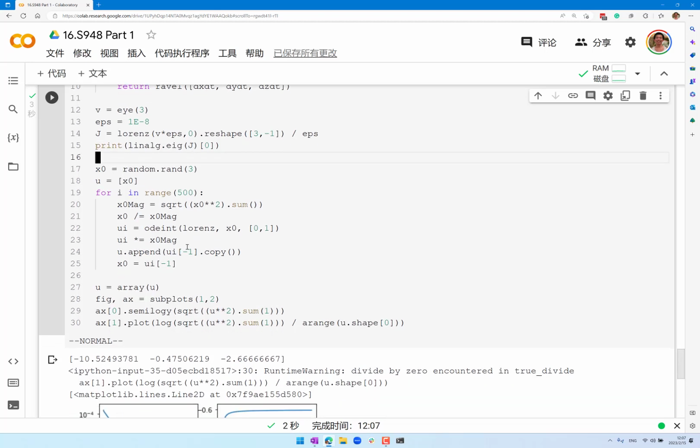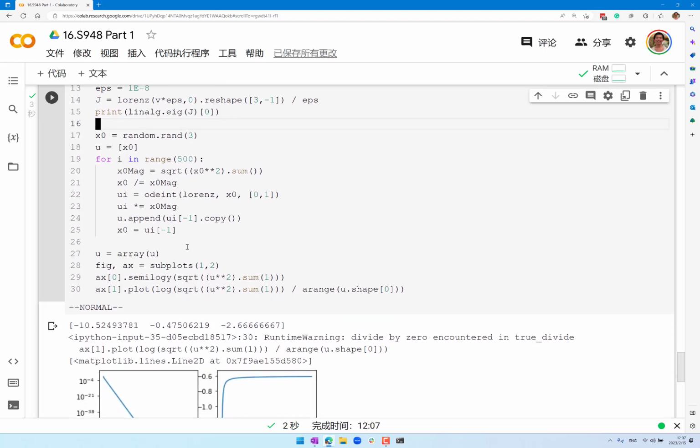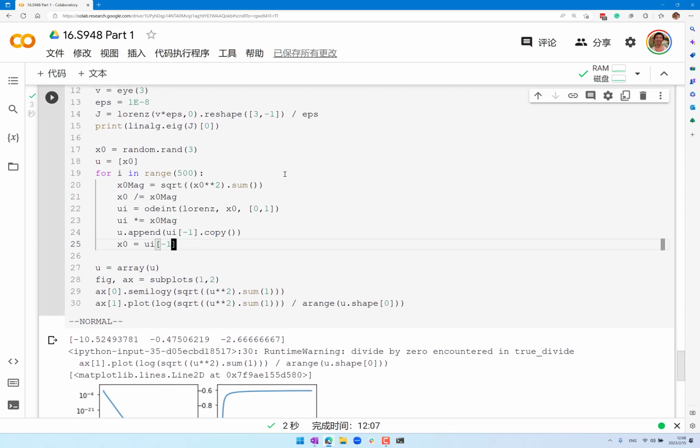Do we need to use copy for the last row in the loop, the last line in the loop, or not? Nope. Can anybody think of why this doesn't compute the right eigenvalue?